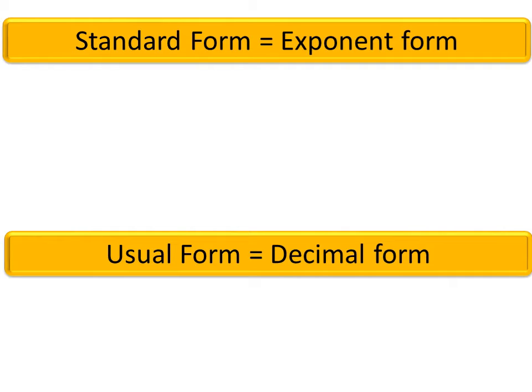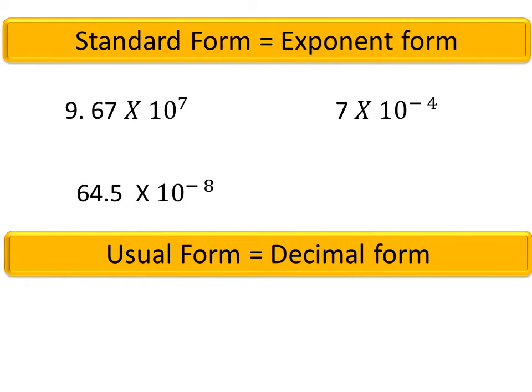Examples for standard forms are 9.67 into 10 to the power 7 and 7 into 10 to the power minus 4. This number 64.5 into 10 to the power minus 8 is not in standard form because the whole part in 64.5 has a two-digit number.